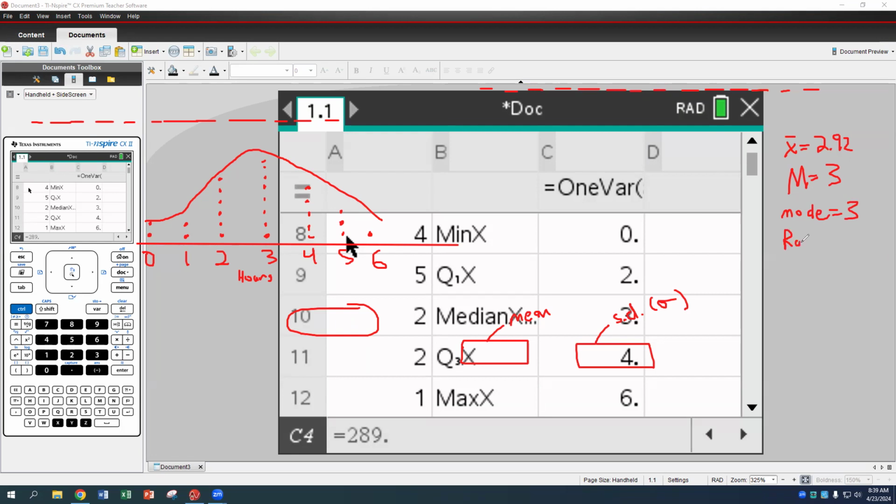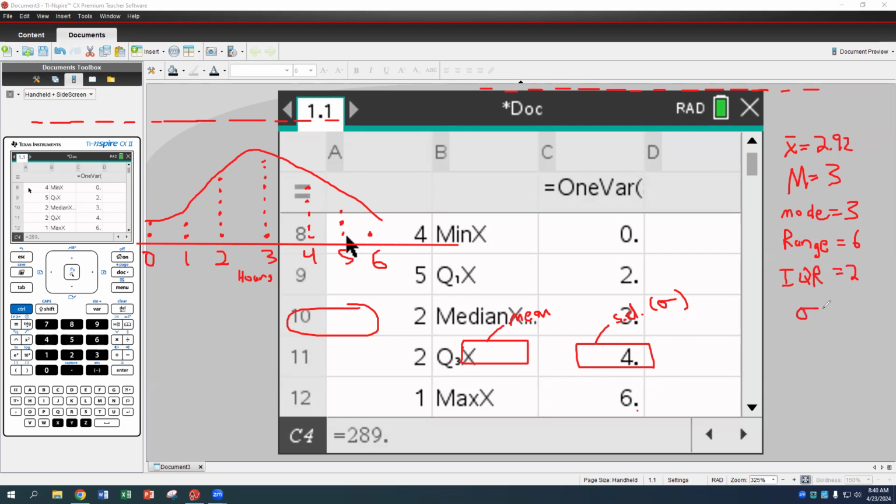Our range is largest minus smallest. So max is 6, min is 0, so 6 minus 0 is 6. Our interquartile range is Q3 minus Q1, which is 2.